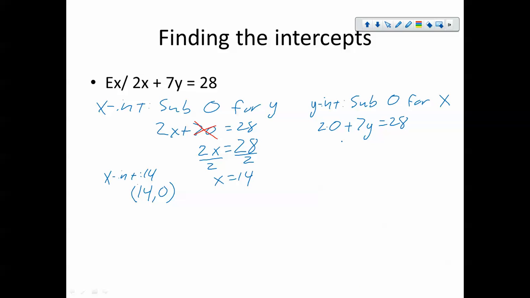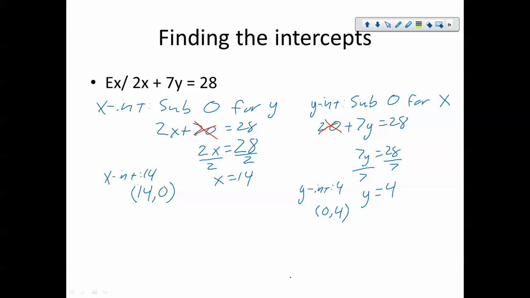The 2 times 0 is 0, so it goes away, and we're left with 7y equals 28. We finish solving that, and we get y equals 4. So the y-intercept is 4. As a point, we write that as (0, 4). Again, the 4 is the y and the 0 is the x.